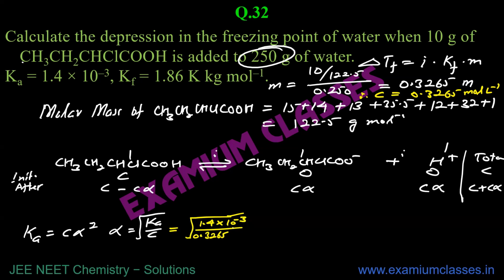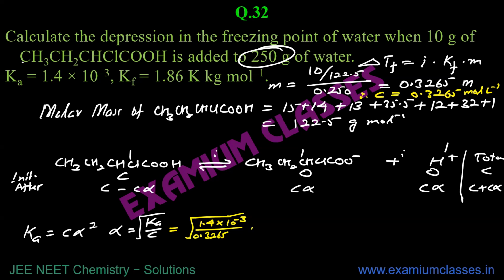Just let me do the calculation. 1.4 divided by 326.5, I can say 326.5 directly. Then square root. Approximately it will be 0.065.